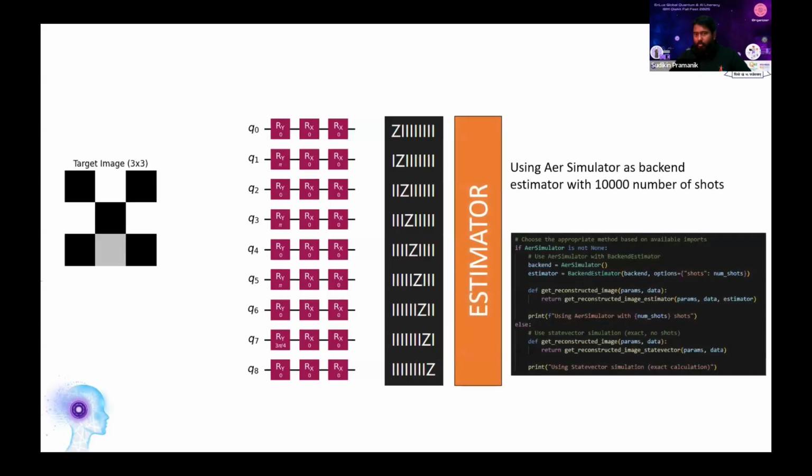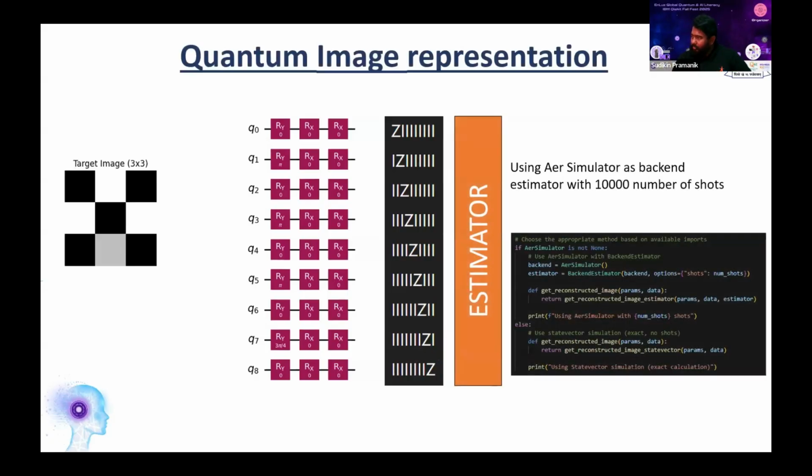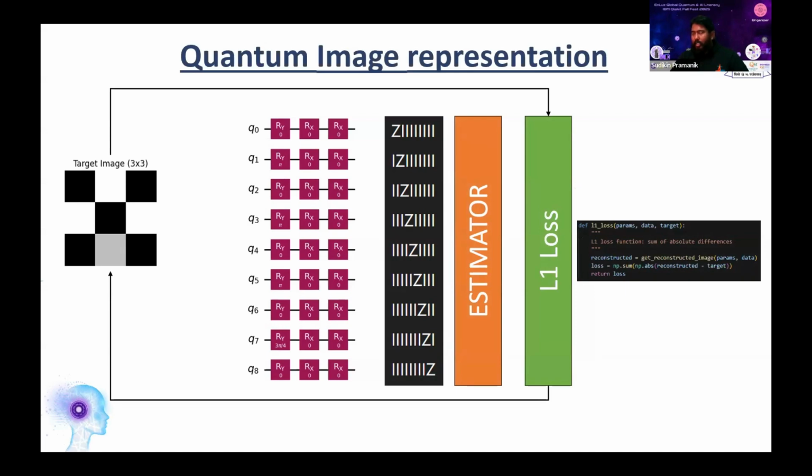Okay. Now we create an estimator. Here we use the Aer simulator on 10,000 shots. We use this estimator, where we used the Aer simulator to do the estimation, running in its backend. Then we calculate the L1 loss. L1 loss is just a subtraction of the true value from the predicted value. L1 loss is a classical loss, so it's not a quantum loss.